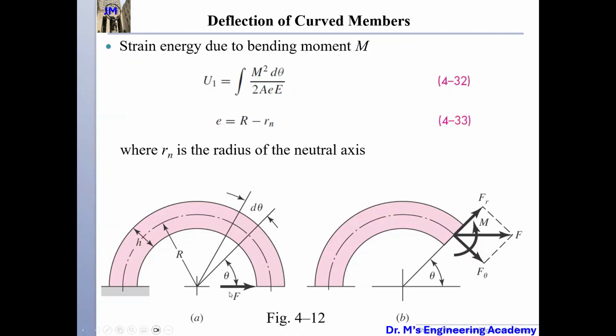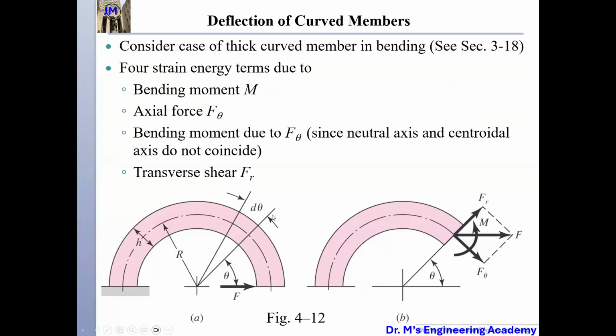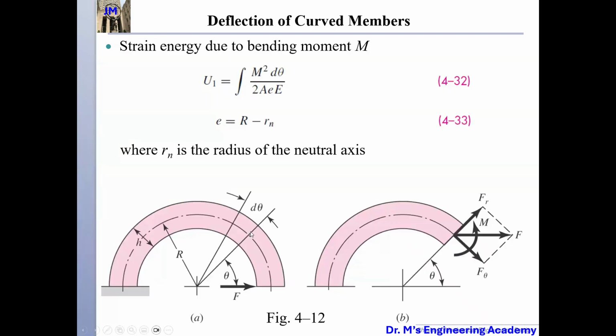You can see if we have a contributed force, and for any given theta angle, we can decompose this I into I theta and I r, and definitely we have a bending moment here.